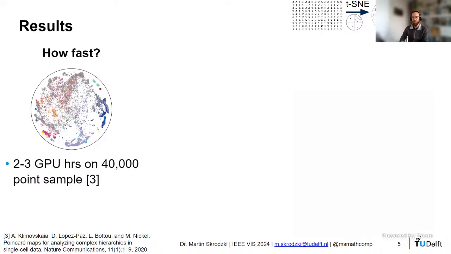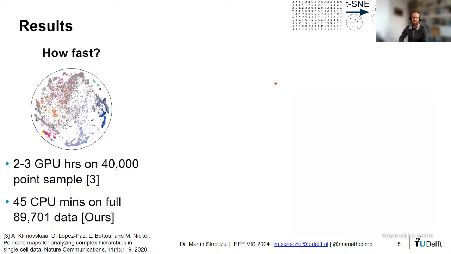They embedded a 40,000 point sample. However, with our acceleration, it's possible to do it within 45 minutes on the CPU with the full data set, so more than twice the points.